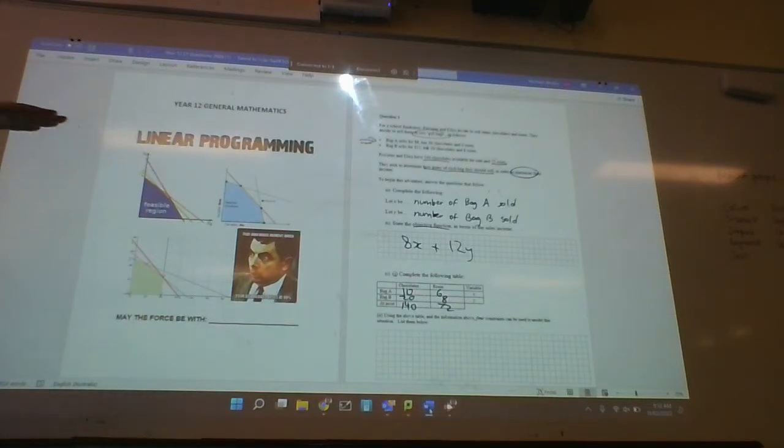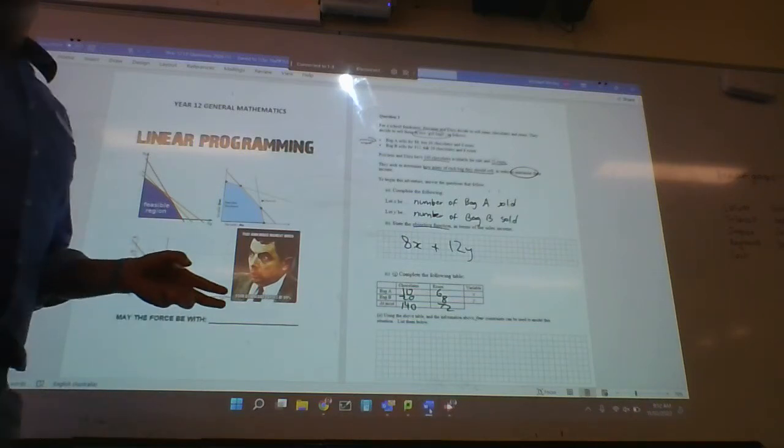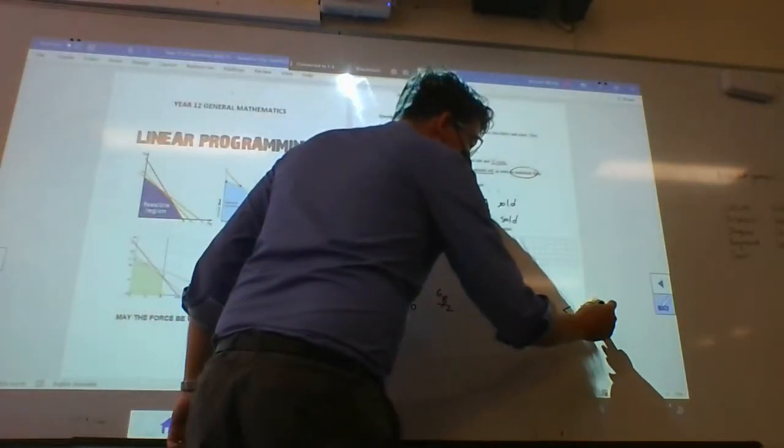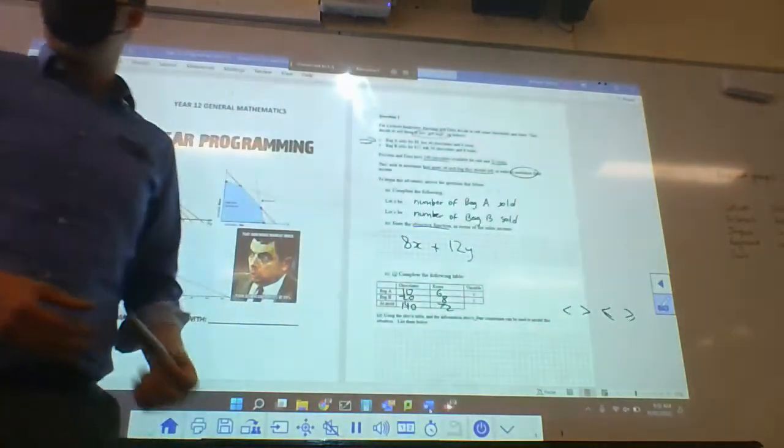Part 2. The question next in part 2 is, using the above table and the information above, 4 constraints can be used to model this situation. List them below. A constraint is different to an equation because a constraint is going to have these symbols in it: less than, greater than, or less than or equal to, or greater than or equal to.